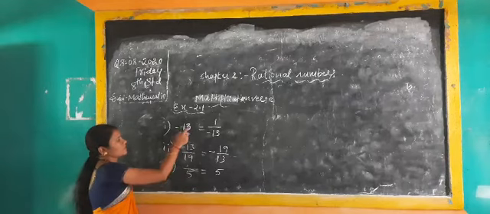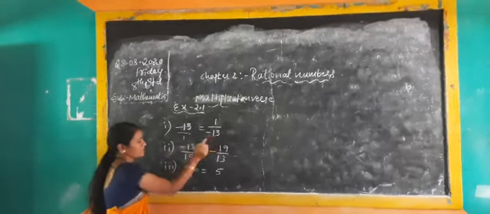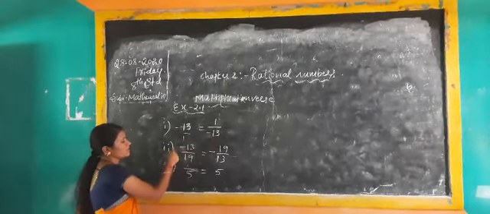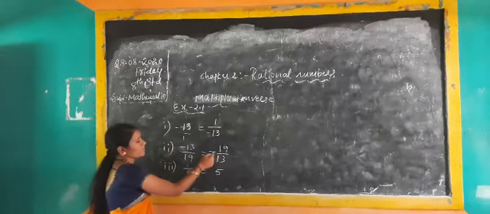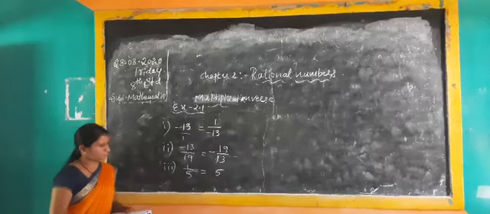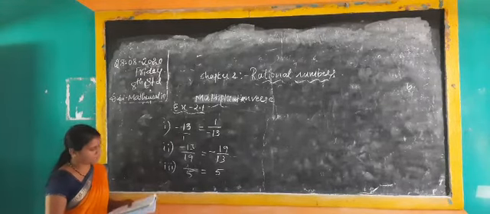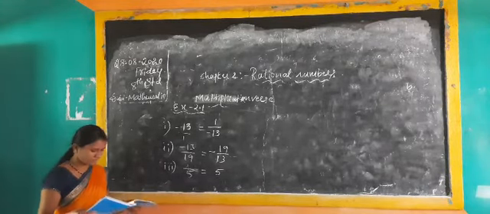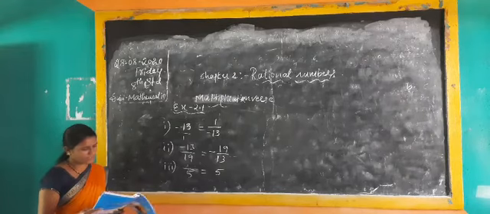If they have not given anything, just a number, it should be 1 by something. But here see, the minus 13 by 19 means it will be minus 19 by 13. 1 by 5 means it will be 5. Okay. Next, what is there?